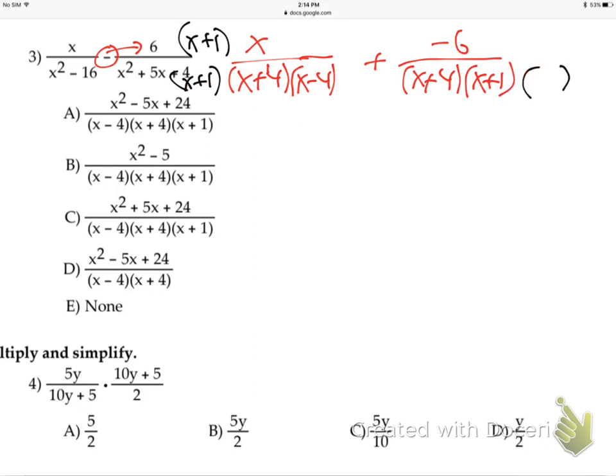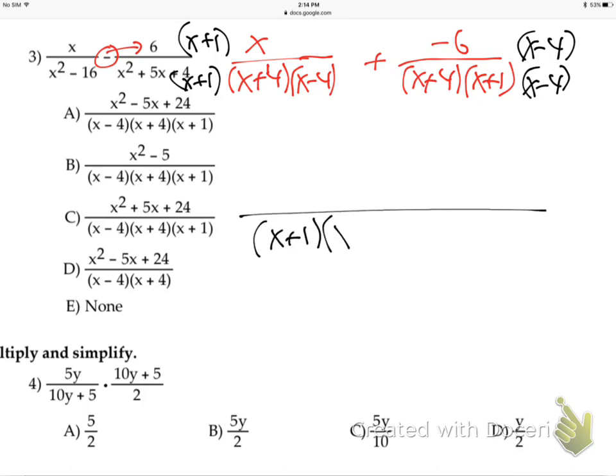Top and bottom. What's this guy missing that the other one has? X, yeah, the minus 4, huh? That good? See how the two denominators have the same 3 pieces now? Common denominators. So now I can combine them into one big fraction. Don't need 2 of them any longer.